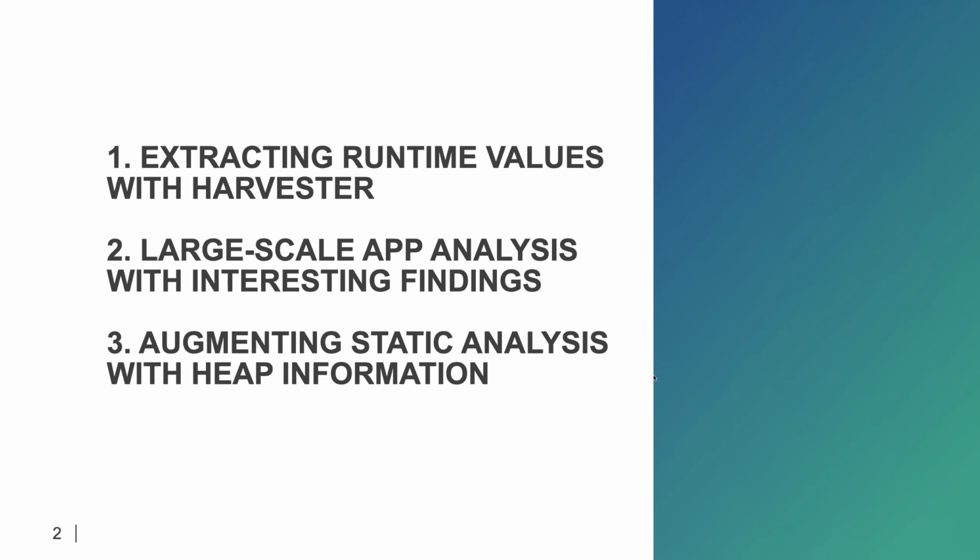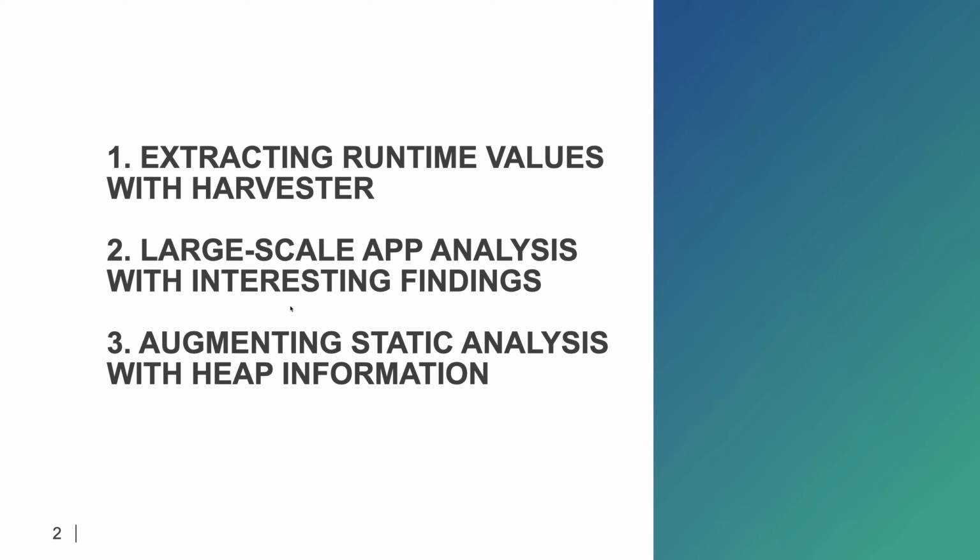And I will first talk about Harvester and how it can be used to actually extract runtime values out of running applications, and why that is useful and how static analysis supports this. And then second, I will show you a large-scale app analysis, so Android app analysis that we actually did with Harvester, with some interesting, or one could even say disturbing findings.